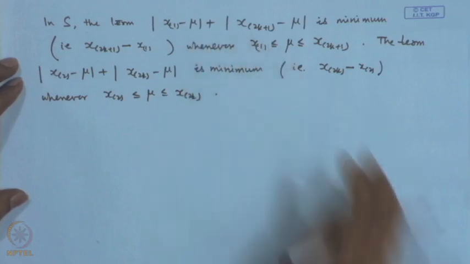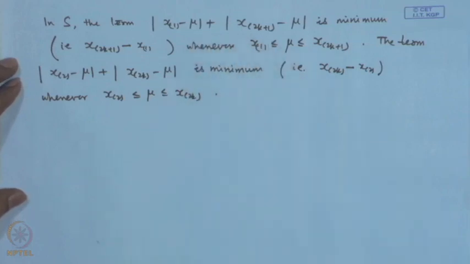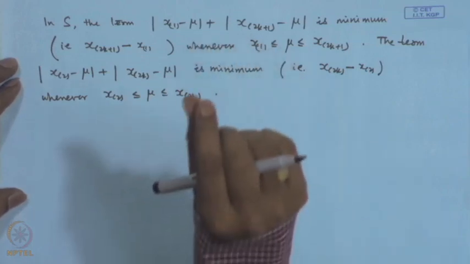So, in that way, if you look at all the sums, they will be minimum whenever mu lies between the two values which are involved in those two terms.